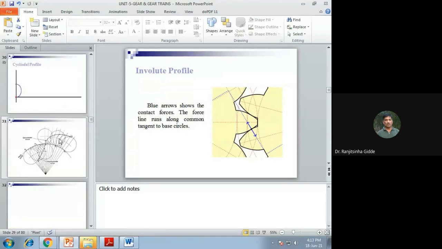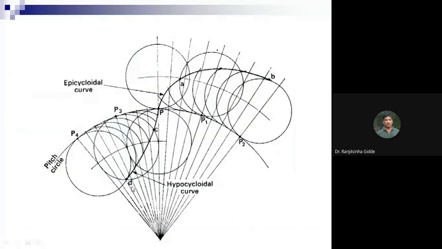So based on this slide, there are curves. One is having convex nature, this part looks raised up, right? This is convex nature, and another curve is having concave nature. So whatever path is traced by the point of contact will have curvilinear nature.